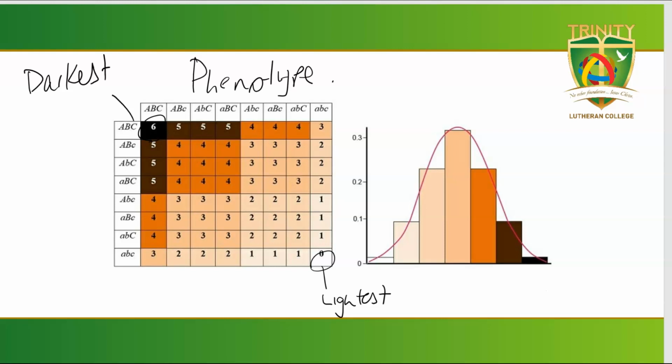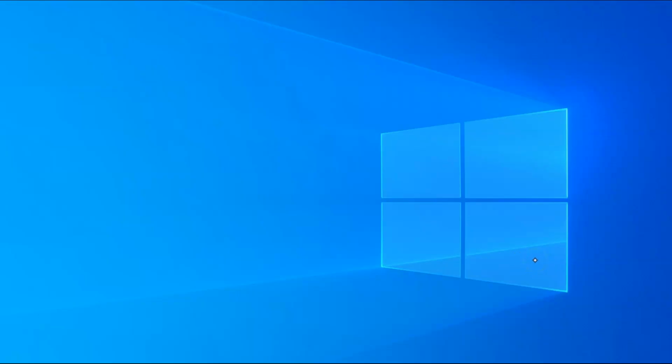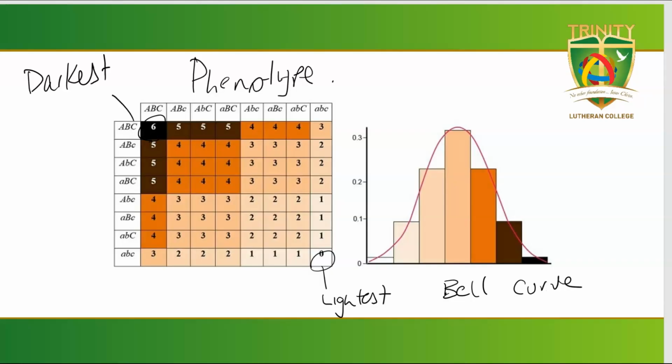And when we graph that, we find that it fits a beautiful bell curve. Oops, bell curve. Not sure what I wrote there, but it should say bell curve. So we have this lovely bell shape with our graph, where very few people have the darkest skin color, and very few people have the lightest skin color.